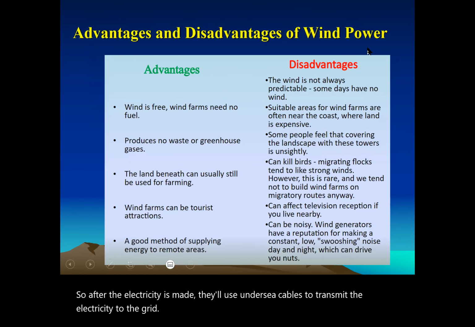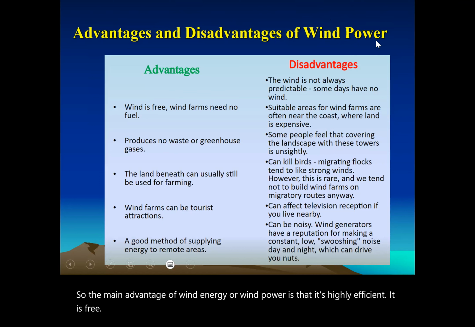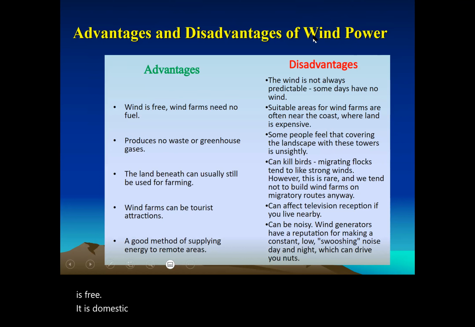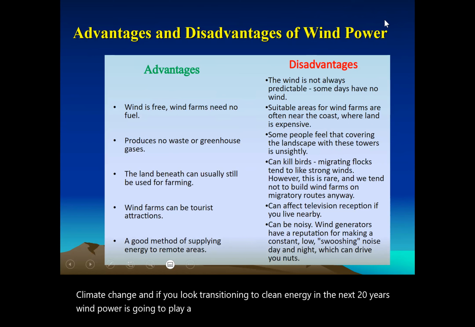So the main advantage of wind energy or wind power is that it's highly efficient, it is free, it is domestic, and of course it is clean energy. And that is reason enough. If we are going to mitigate climate change, and if we are transitioning to clean energy in the next 20 years, wind power is going to play a huge role in the world.